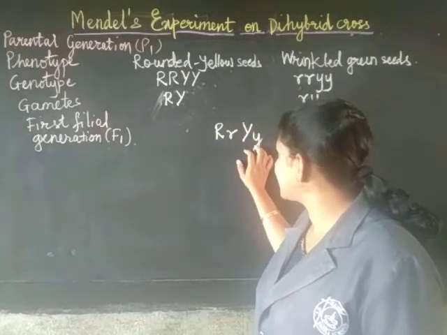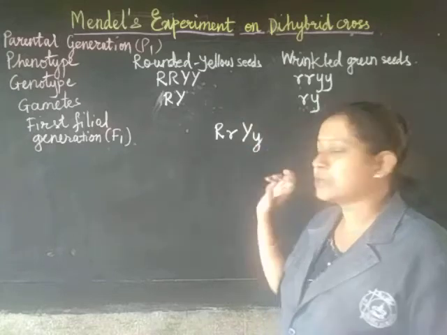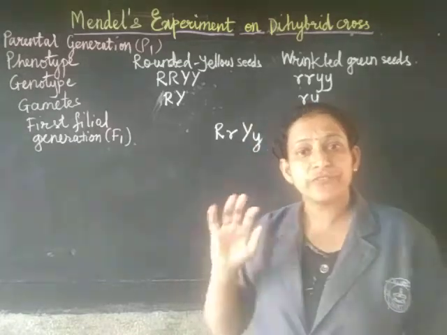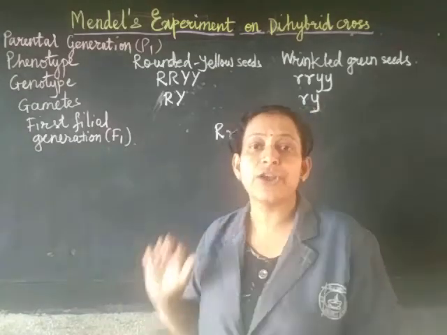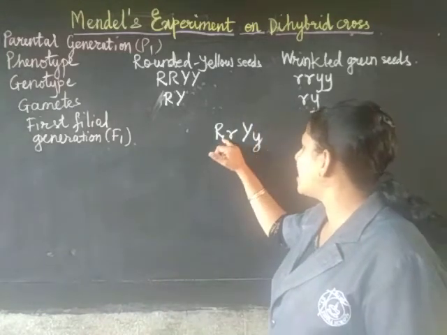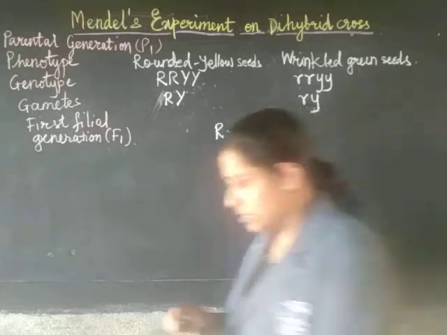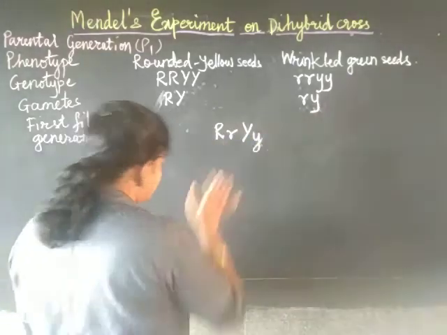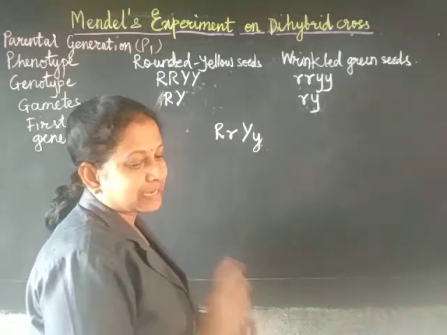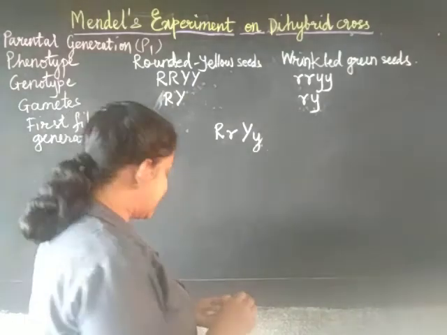In the F1 generation, all plants phenotypically, meaning in appearance, were rounded and yellow seeds. So the phenotype of the F1 generation was nothing but rounded and yellow.